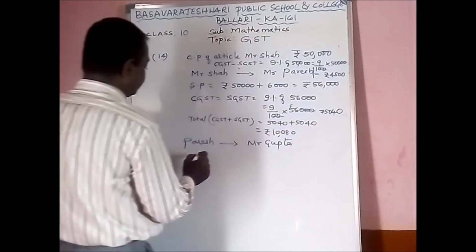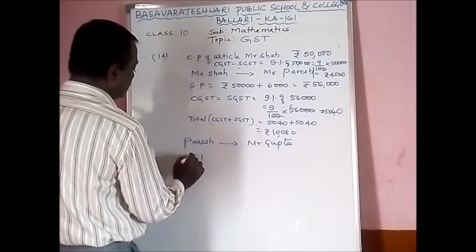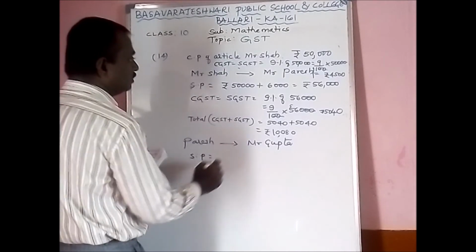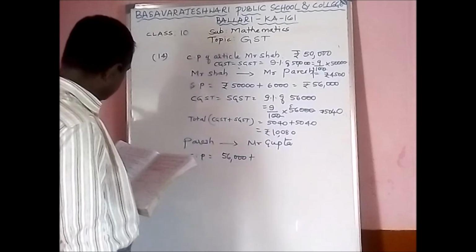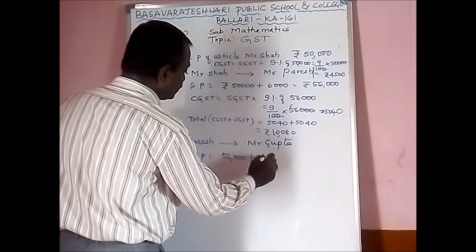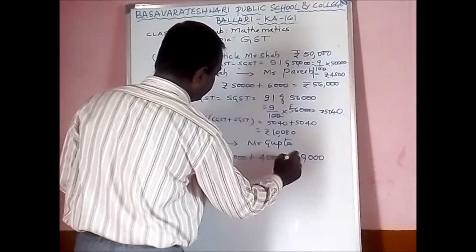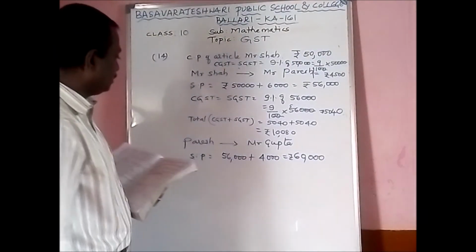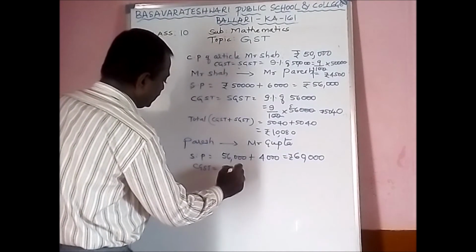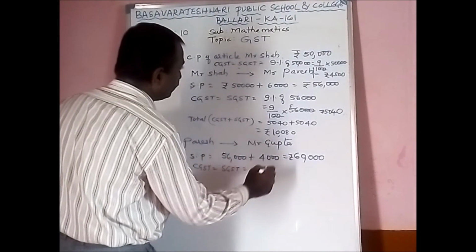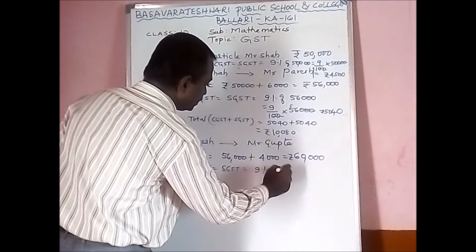So now what is the cost price? Selling price is equal to 56,000 plus profit, 4,000 rupees. Therefore 60,000 rupees is the cost of the article. Okay. Now GST will be taken, CGST is equal to SGST is equal to 9%. So what is the 18%? No, 9% of 60,000.